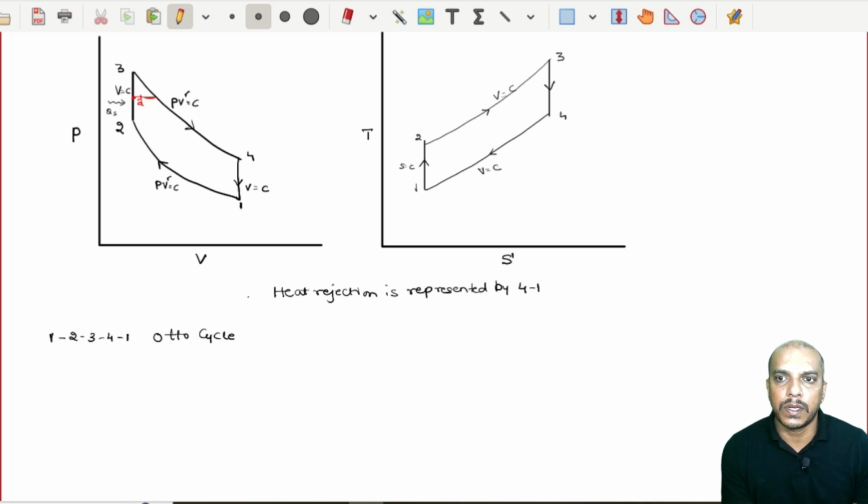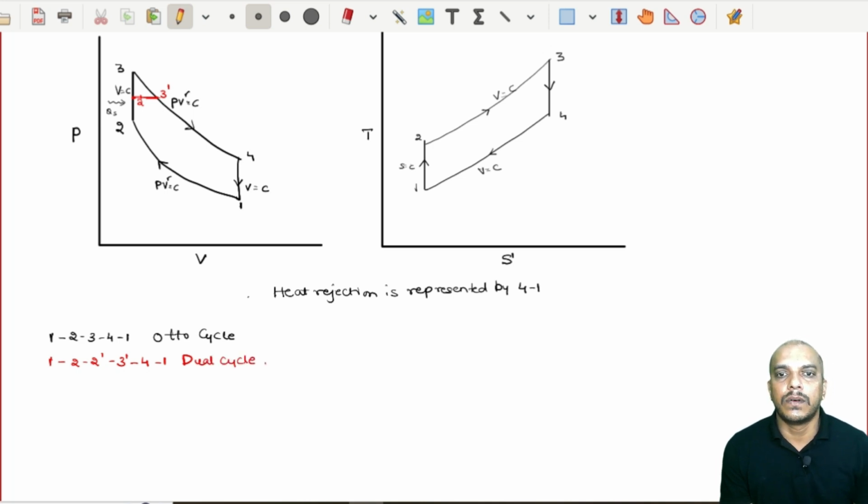In order to keep the heat rejection same, 2 dash to 3 dash represents heat addition at constant pressure for a dual cycle. It has to be stopped on this line. Then again this will be 3 dash to 4 dash, then 4 to 1. So, that means now we have got a cycle 1, 2, 2 dash, 3 dash, 4 and 1 is our dual cycle.